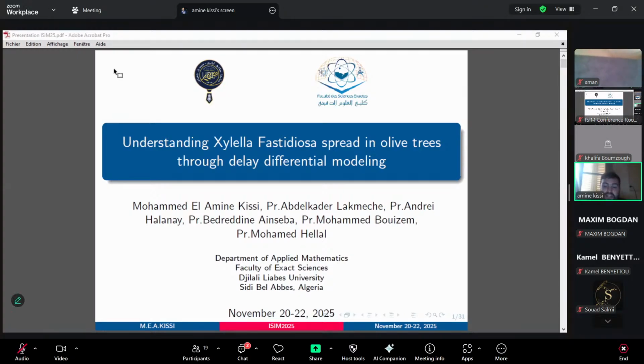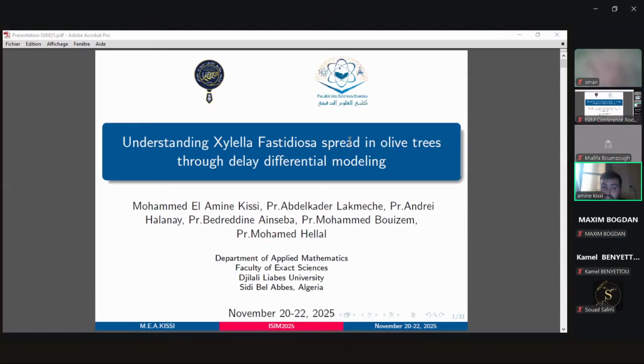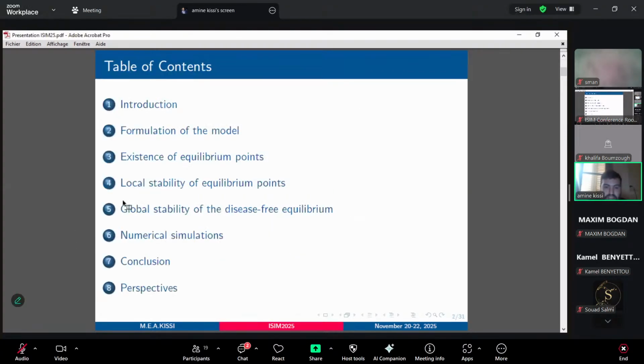And I am pleased to present our research entitled Understanding Xylella fastidiosa Spread in Olive Trees Through Delayed Differential Modeling, which is conducted in collaboration with my supervisor, Abdelkader Nakmek, and Professor Halanay, Professor Bouziem, and Professor Mohamed Helal. Before starting our presentation, let's take a look at my table of contents.